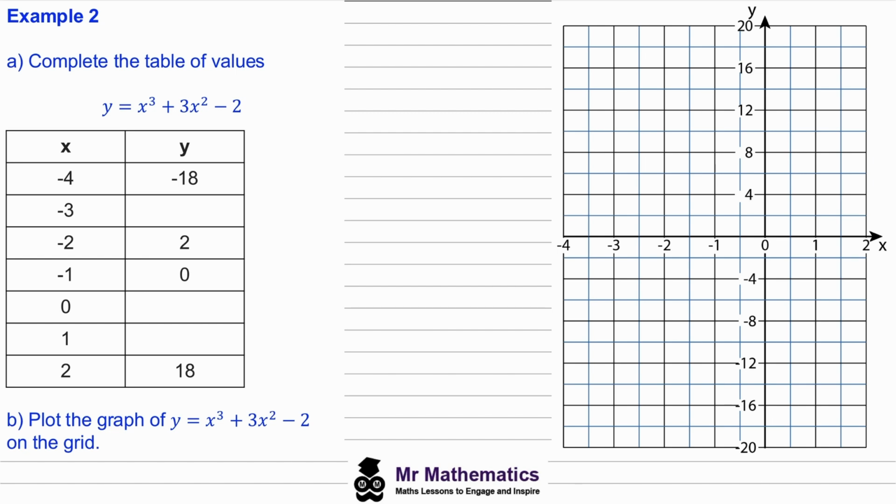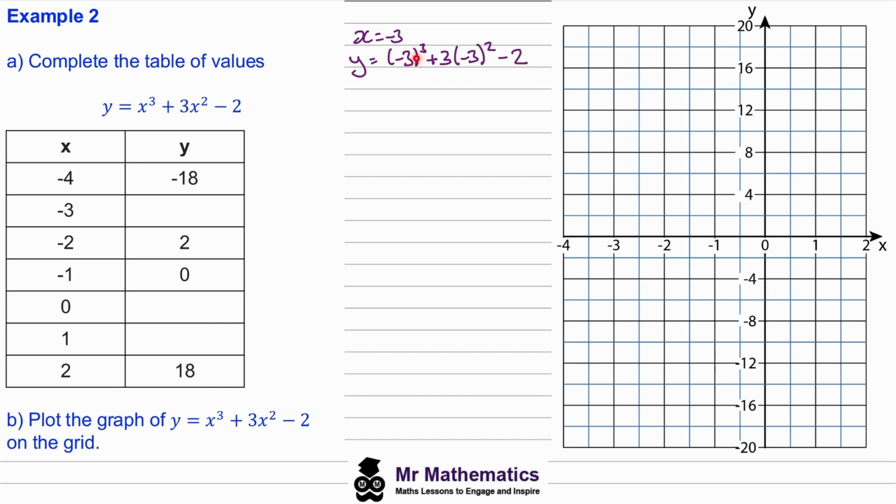If we begin with x equals -3, we'll substitute this into the equation. So we'll have -3 cubed. Remember to use brackets because it's a negative. Plus 3 lots of -3 squared, minus 2.